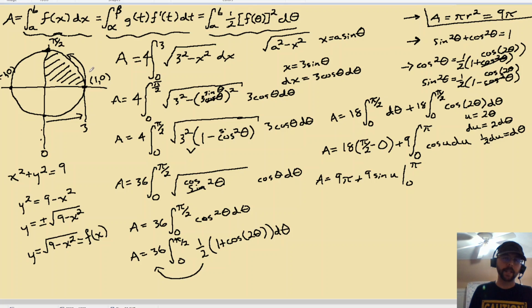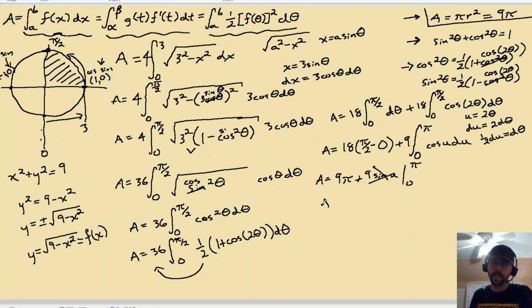And the x value is cosine, the y value is sine. So sine of pi is this value here. It's 0. Sine of 0 is this value here. It is also 0. So we're going to have 0 minus 0, which is 0, times 9, which is 0. So this last half all evaluates to 0.